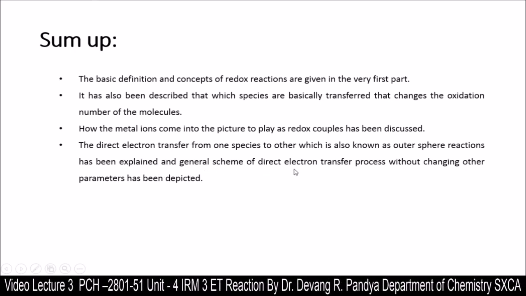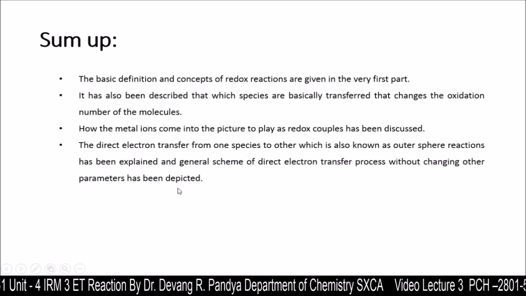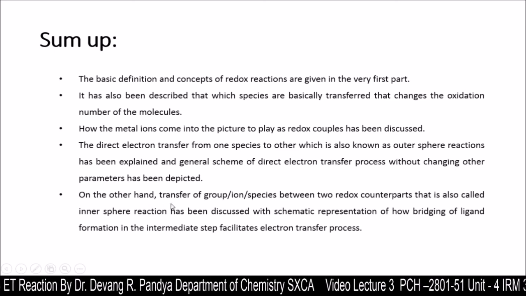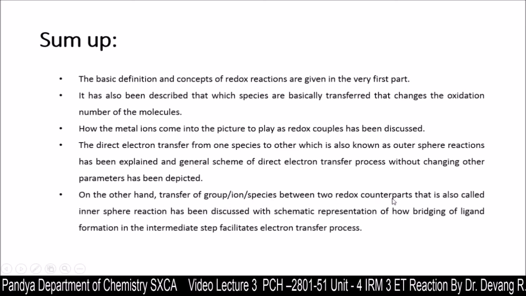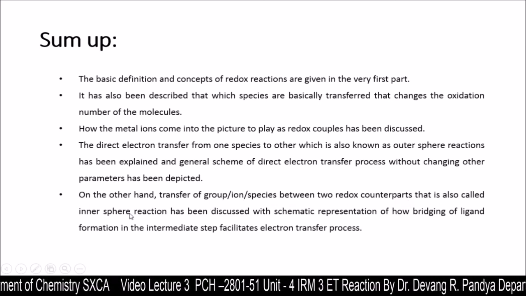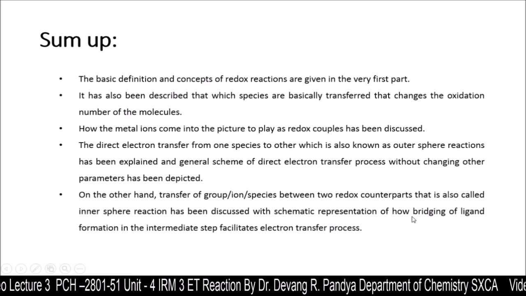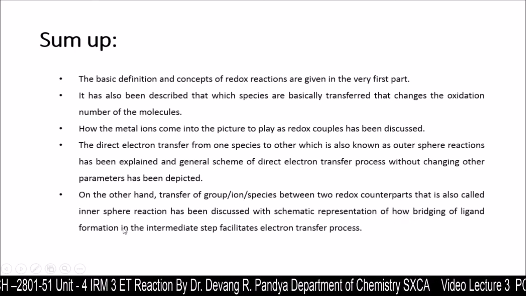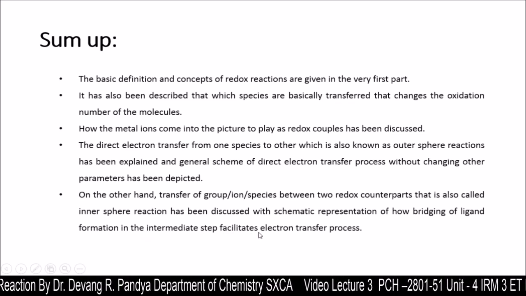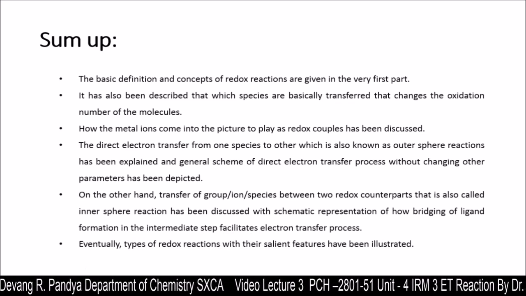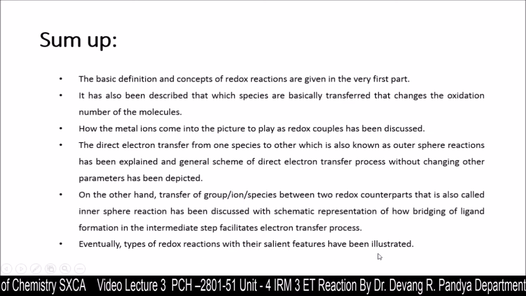The general scheme of the direct electron transfer process without changing other parameters has been depicted as well. On the other hand, the transfer of a group or ion or species between two redox counterparts, which is also called the inner sphere reaction mechanism, has been discussed with a schematic representation of bridging ligand formation in the intermediate step to facilitate the electron transfer process. Eventually, types of redox reactions with their salient features have been illustrated.